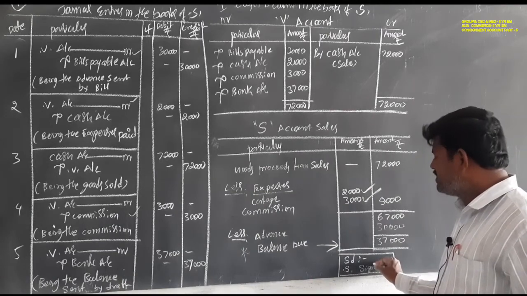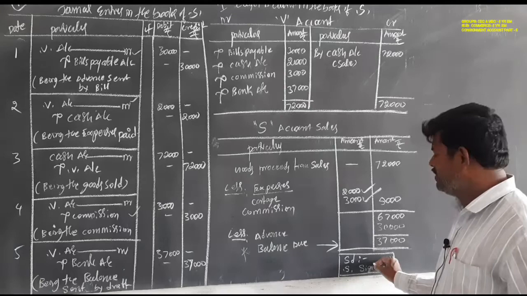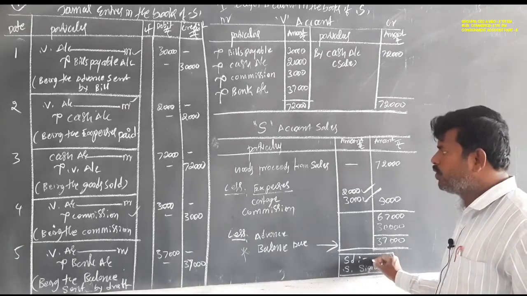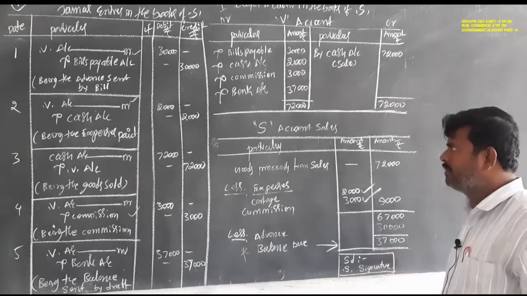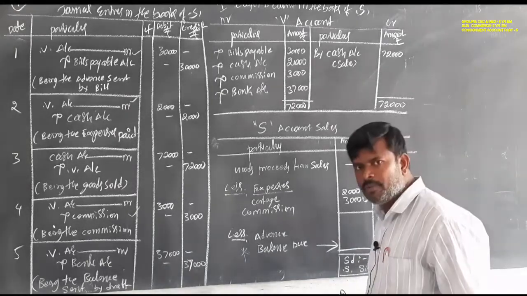The consignee prepares the account sales, and the consignee's signature will be here, only for signature purposes, accepting all the details. So this is the account sales pro forma. Thank you.